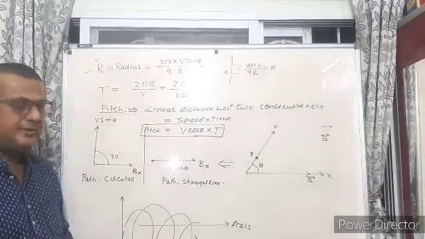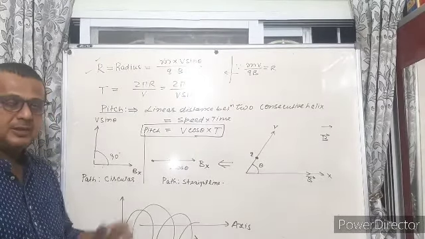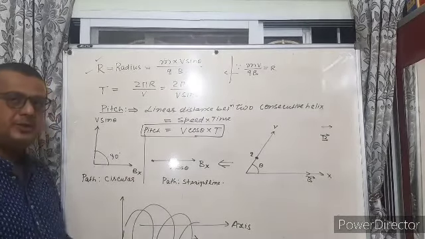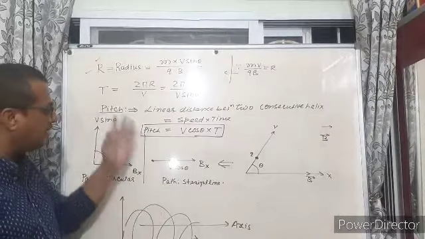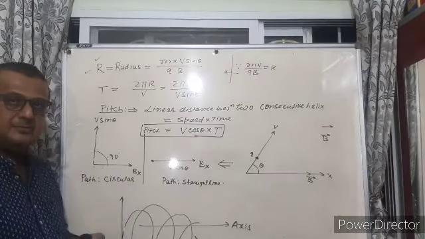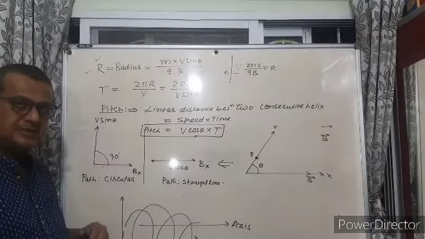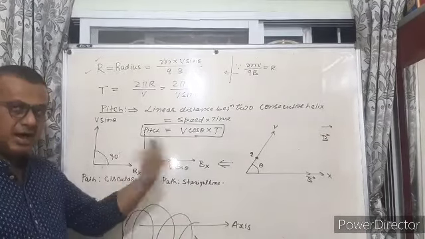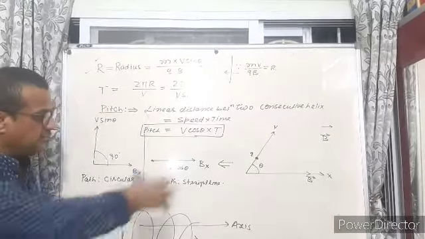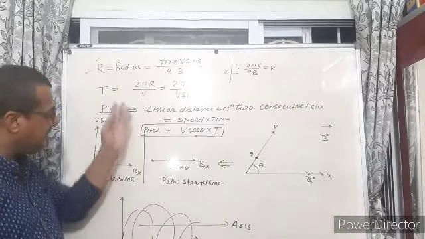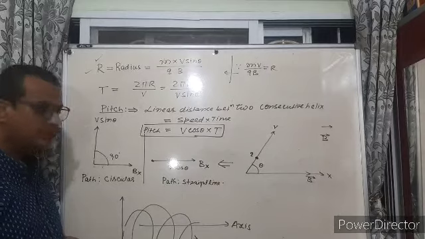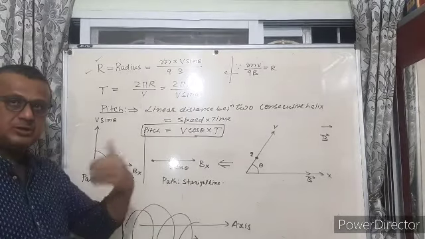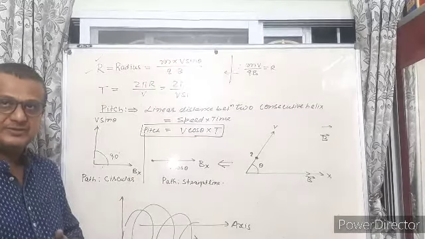When a charged particle moves at an acute angle, the velocity will have two components. One component will be v cos theta and the other component will be v sin theta. The v cos theta component pushes the particle along the x-axis, because it is moving along the x-axis, but the v sin theta component is perpendicular to the magnetic field, so it always gives a circular effect.